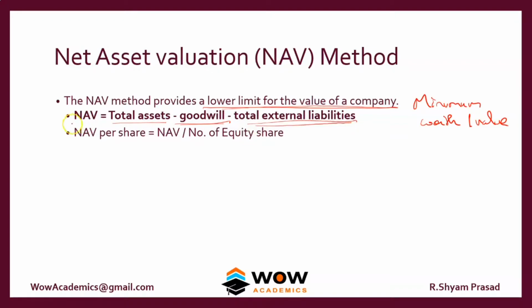The result is the net asset value for the whole company. If you want to find it per share, you use NAV per share. That is, take the NAV which was computed here and divide it by the number of equity shares, and you will get the NAV per share value.